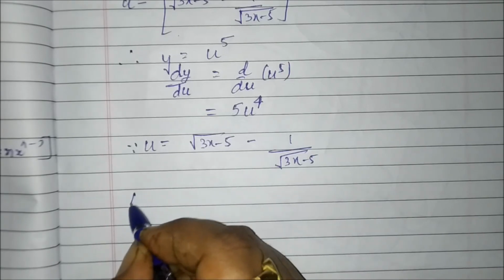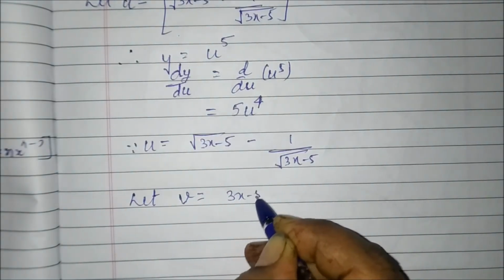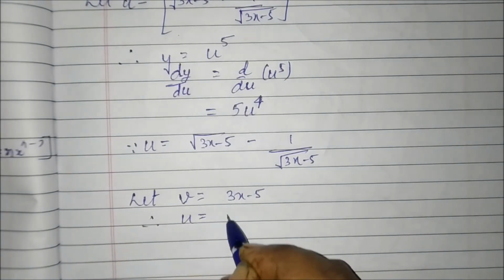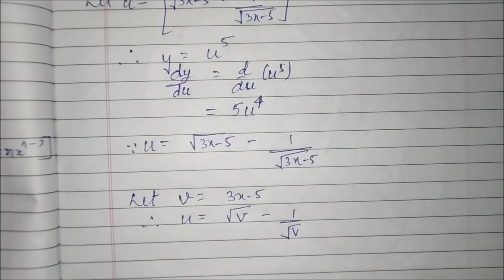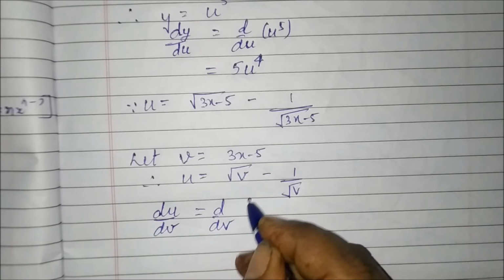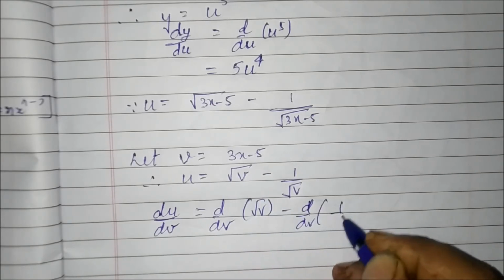Now u is root of 3x minus 5 minus 1 upon root of 3x minus 5. Again here it is a function of x. Let us suppose that v is equal to 3x minus 5. Then we have u equal to root v minus 1 upon root v. Now differentiating u with respect to v, d by dv of root v minus d by dv of 1 by root v.